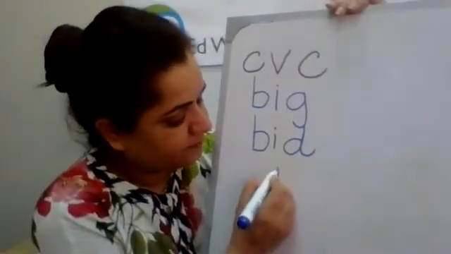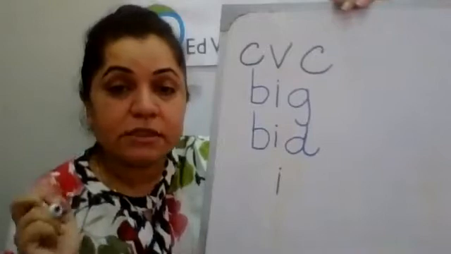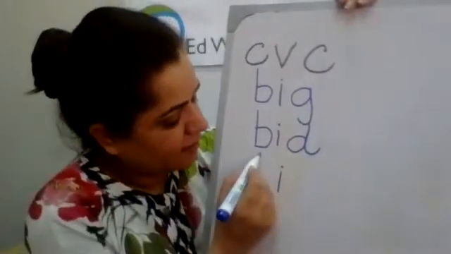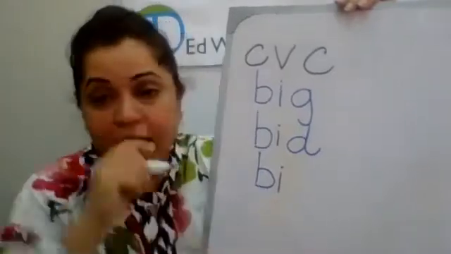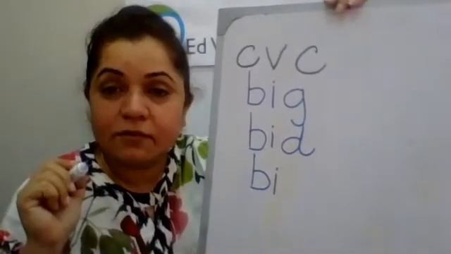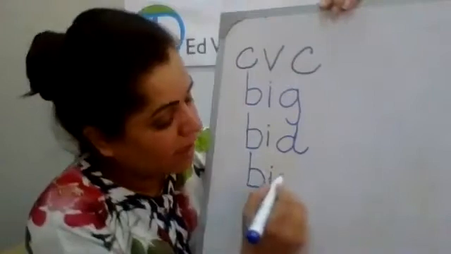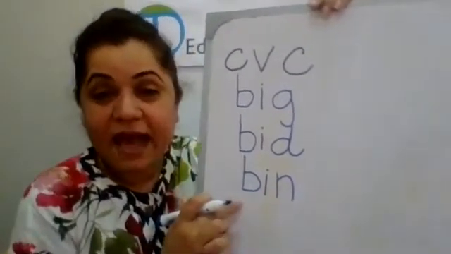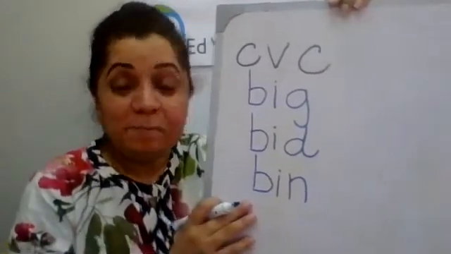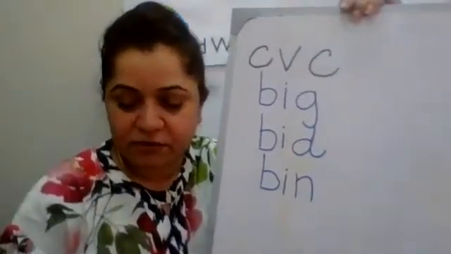I need two consonants. Again, B, B, I. What else? N. Yes, B-I-N, bin. Very, very good.